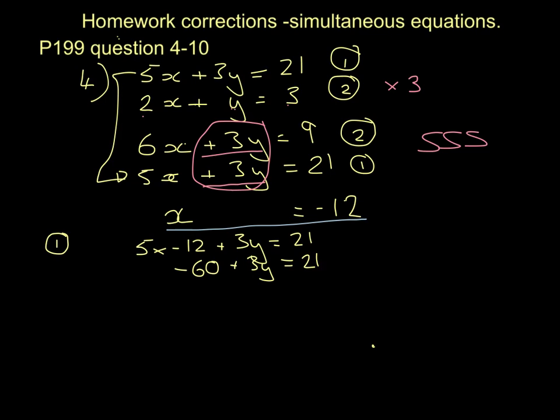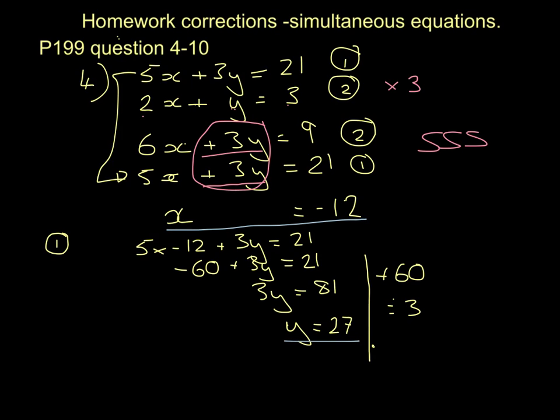Let's rearrange this. So if I plus 60 here, we have 3y equals 81. So now I divide by 3. So I now have y equaling 27. And there is my second answer.